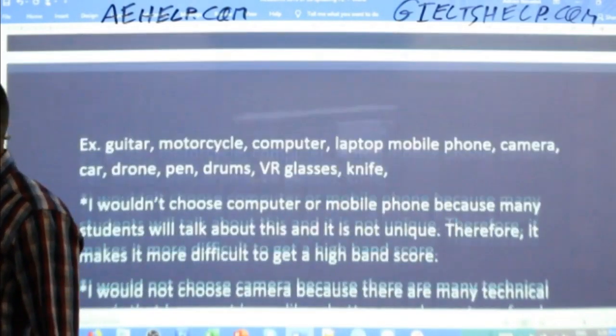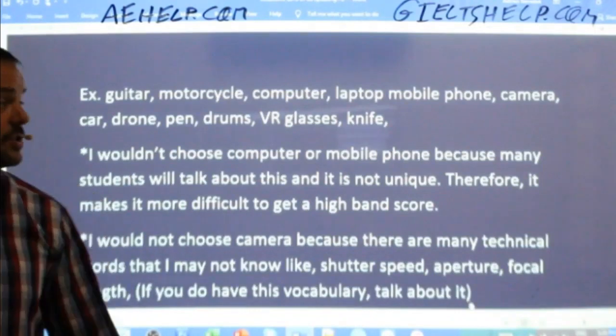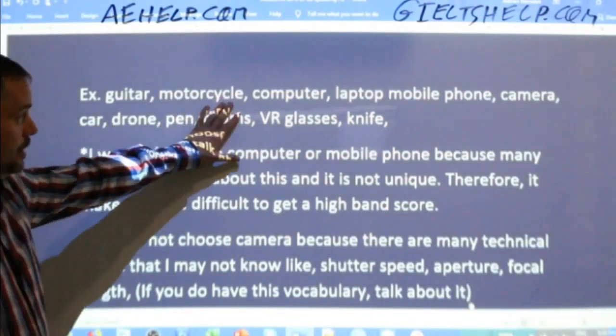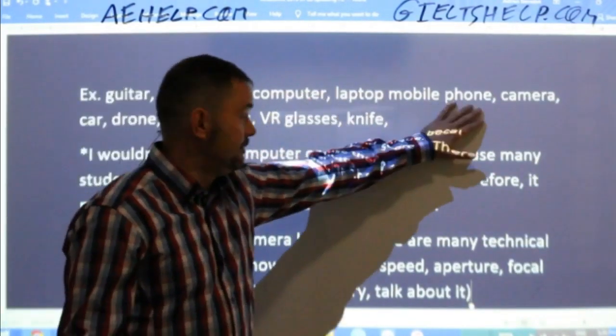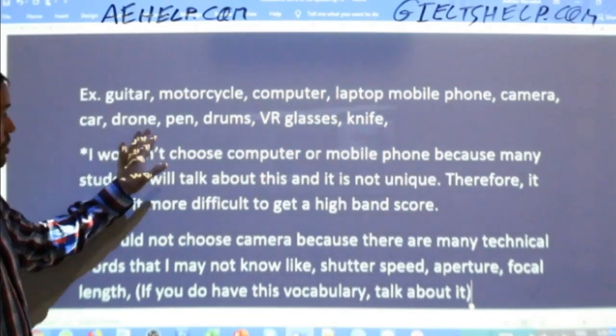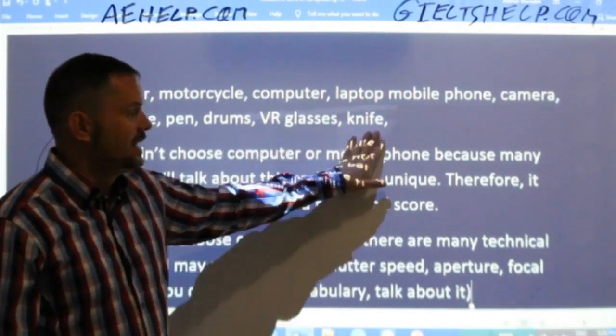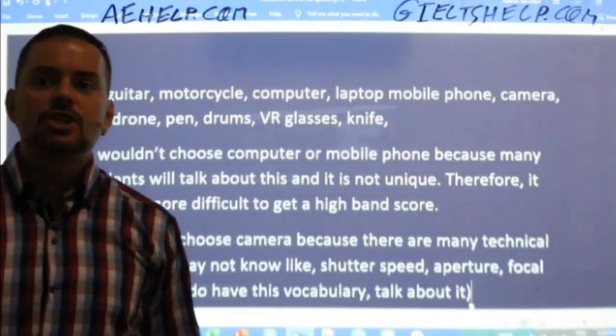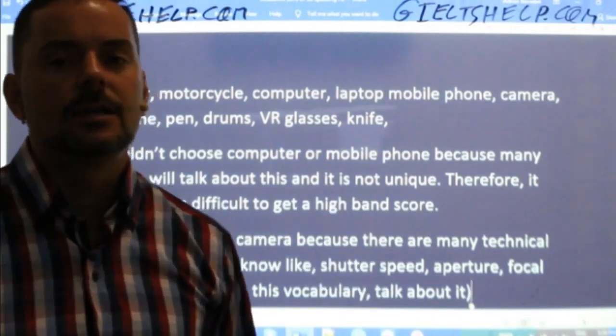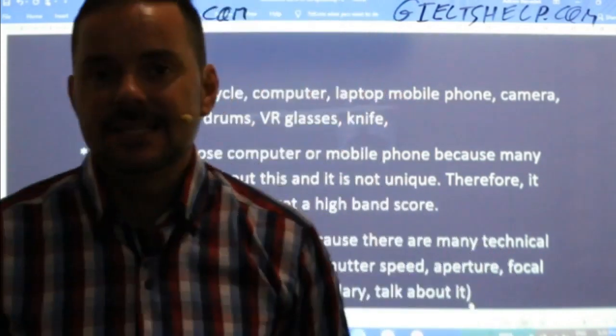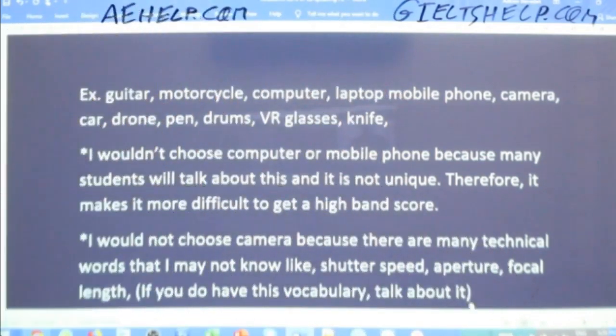So, which of these objects, guitar, motorcycle, computer, laptop, phone, camera, car, drone, pen, drums, virtual reality glasses, knife, which one do you think is the easiest one to talk about that needs training to use?